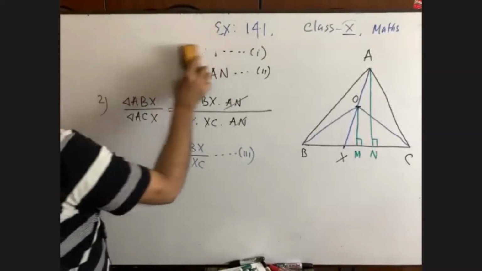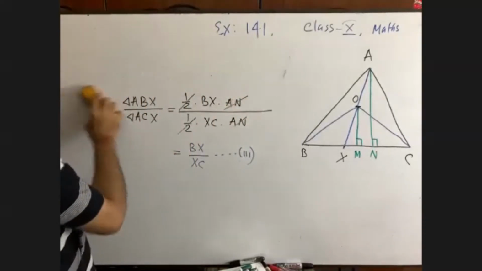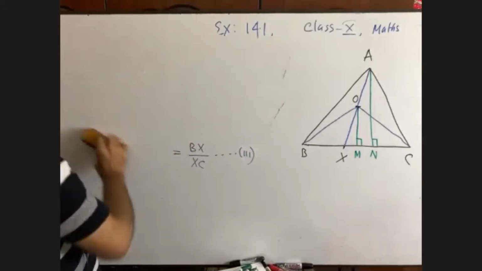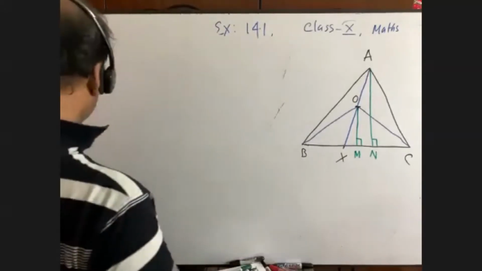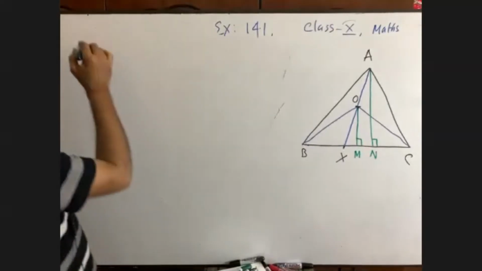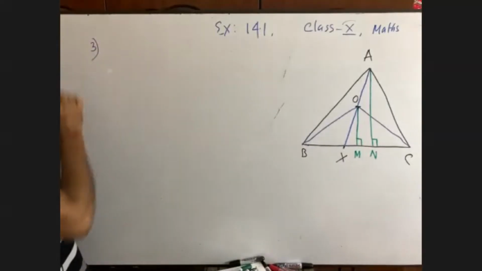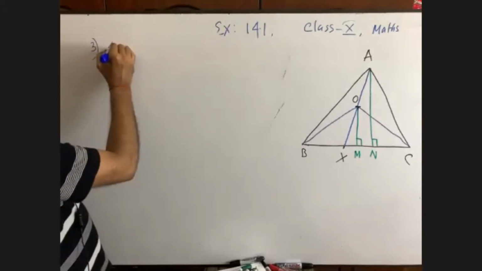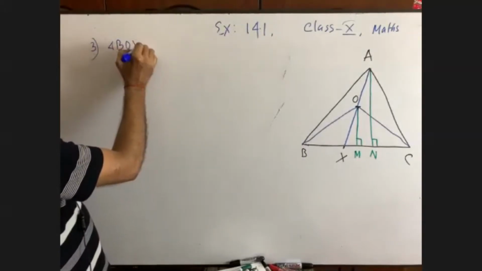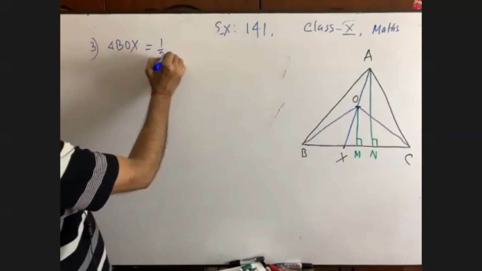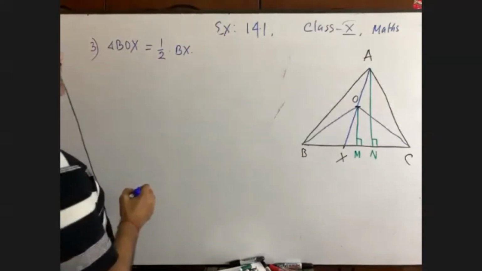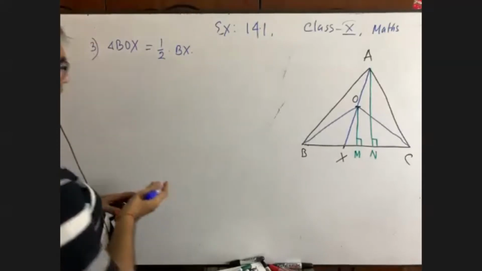Now go to step number 3. Triangle BOX is half into BX into what is the height of triangle BOX?